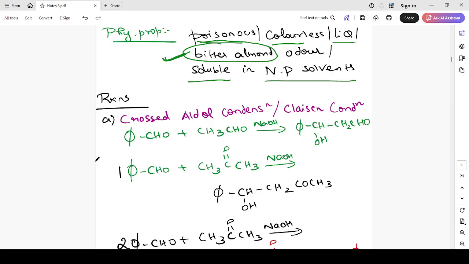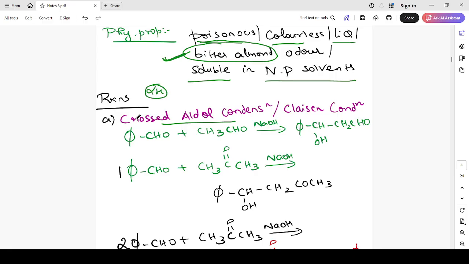The next one is crossed aldol condensation. What is crossed aldol condensation? We know what aldol condensation is when I use an aldehyde which has alpha hydrogen.